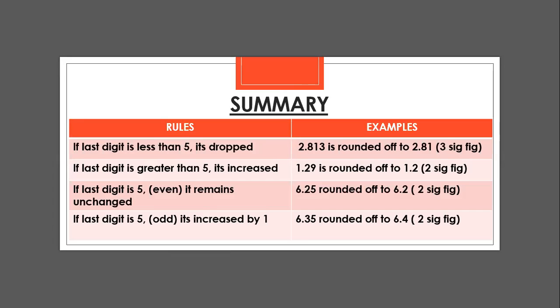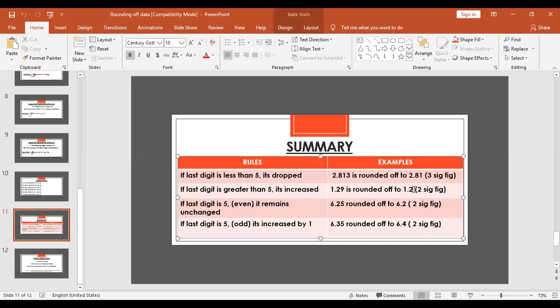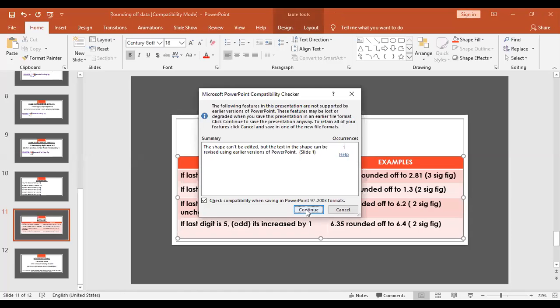It's a typing error, I'm sorry. So your answer should have been 1.3, and 1.3 has 2 significant figures. Let me correct it. It's 1.3.